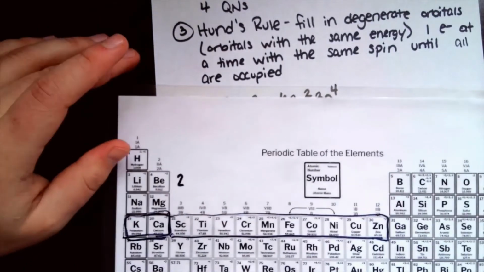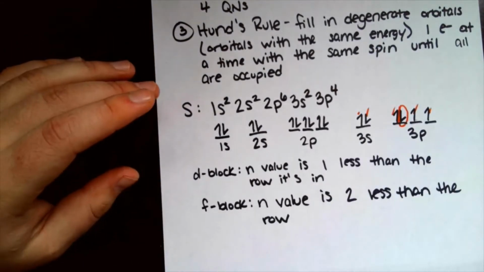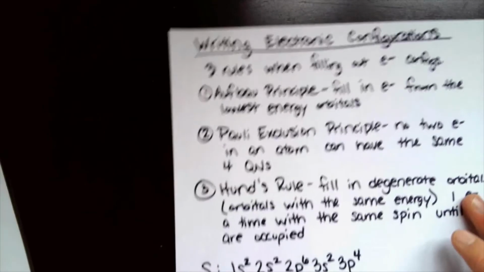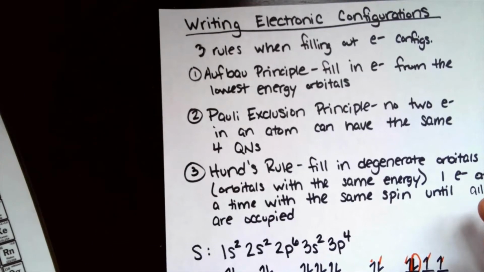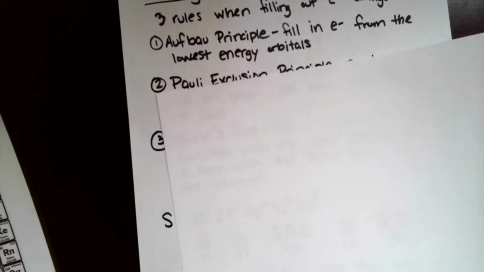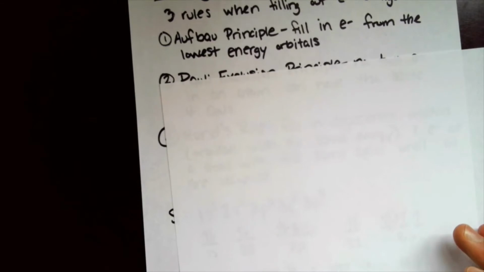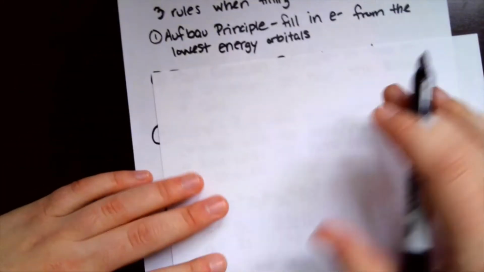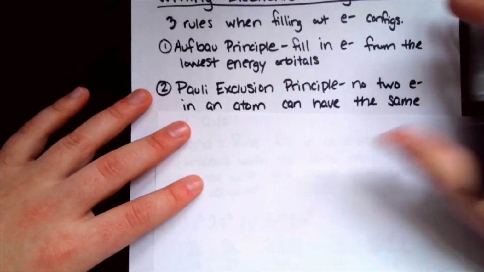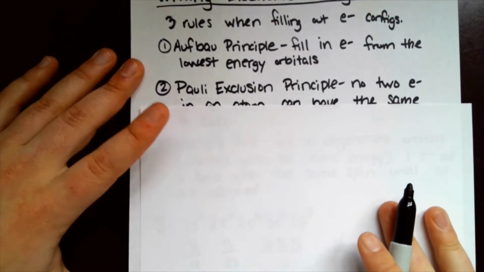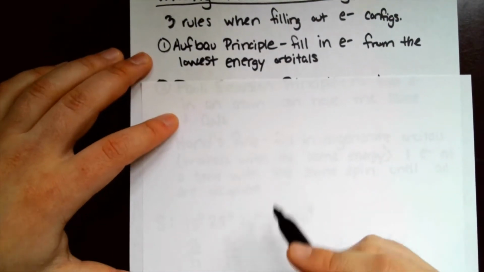Now let me show you, with these 3 principles that I mentioned before, the exceptions. One type of question you can ask is, does this electron configuration follow the rules? An example of not following the Aufbau principle is if we don't fill from the lowest energy level first.